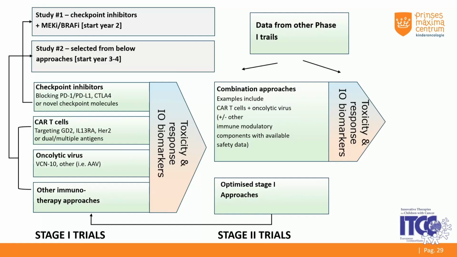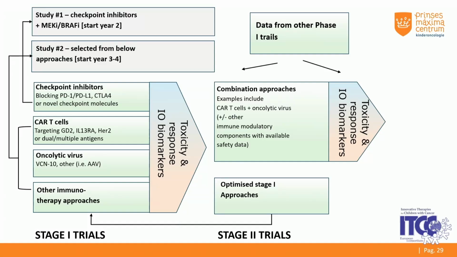One way could be, and this is something we're working on within the ITCC, that you have a stage 1, so not phase 1, but stage 1 trial, where you analyze a new compound, or a combination which is of interest, and you evaluate it the same way in terms of immune monitoring, in terms of imaging.